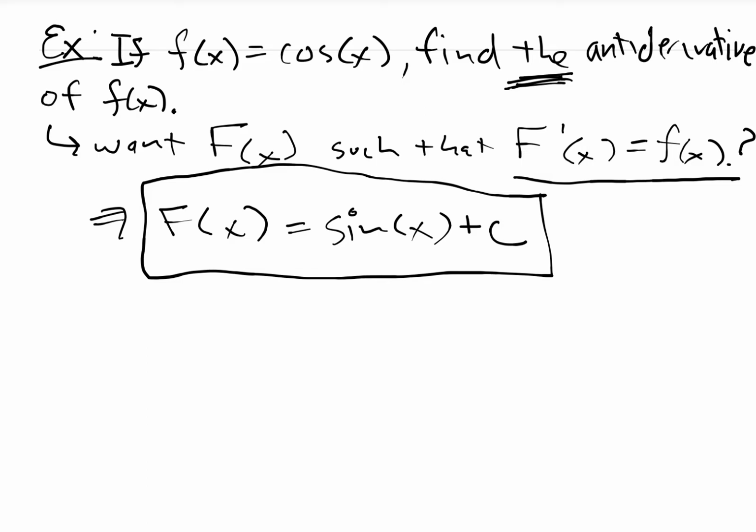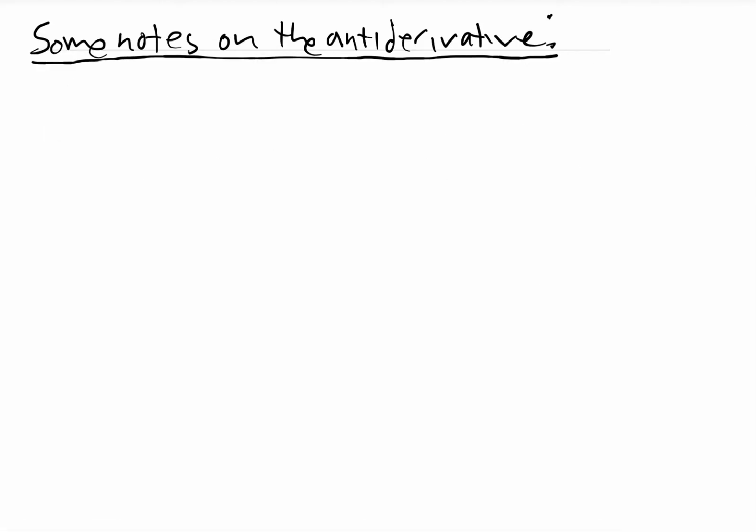Well, let's think about it. If you differentiate sine of x, you get cosine, sure. If you differentiate c, well, it's a constant, so that drops off. We've just shown that the derivative of big F matches my original function, so sure, this guy is my antiderivative. Now, some comments on this.